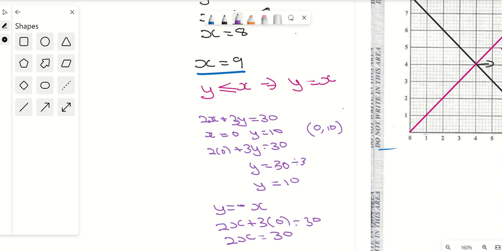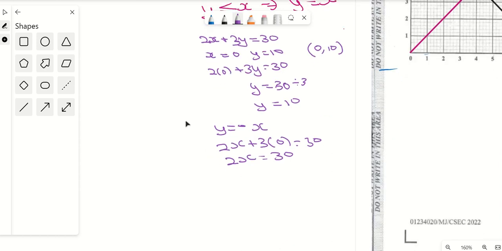So x would be 30 divided by 2, which is 15. So when y is equal to 0, x is 15, so this would be 15, 0. So the coordinates that I'm going to plot are 0, 10 and 15, 0.